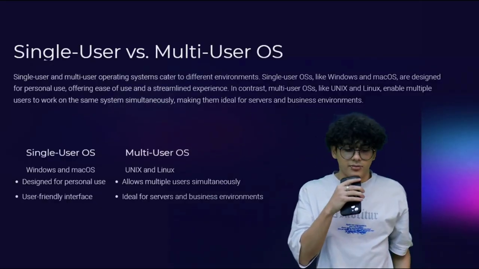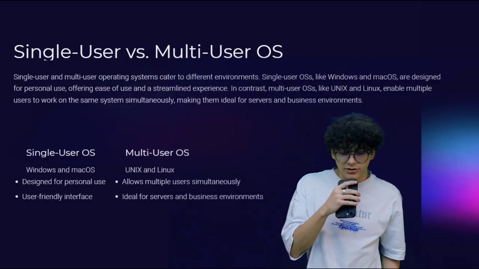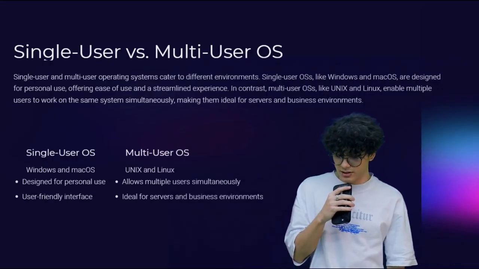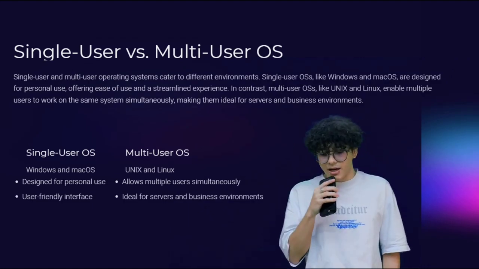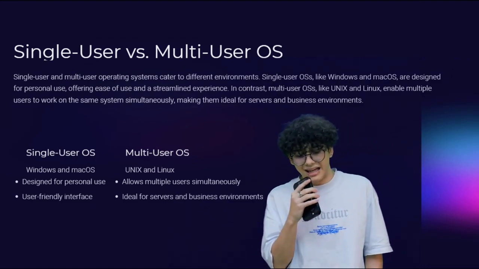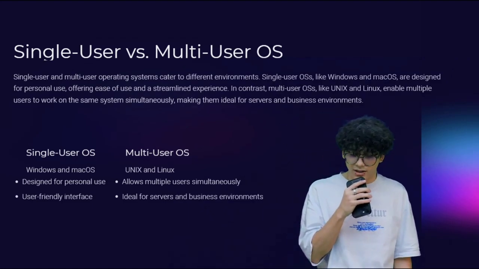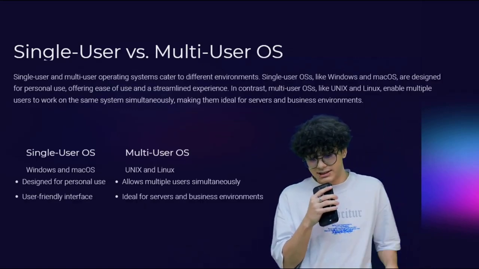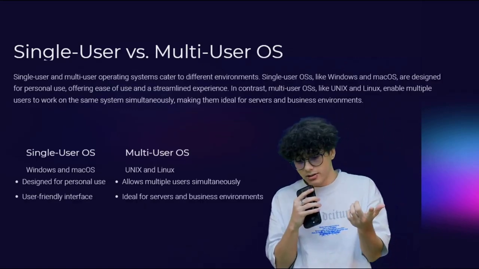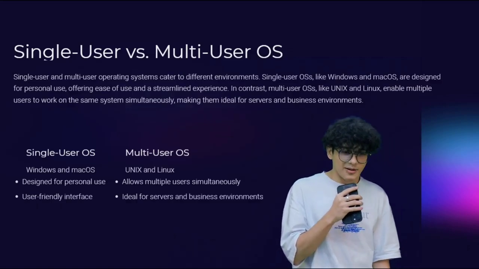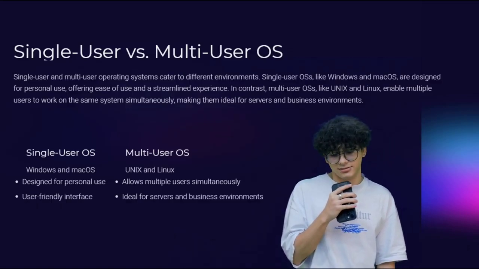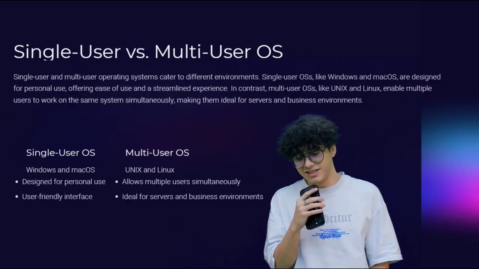Single-user and multi-user OS: a single-user OS, like Windows and Mac OS, is designed for personal use. In contrast, a multi-user OS, like Unix and Linux, allows multiple users to work on the same system simultaneously, making it ideal for servers and business environments.